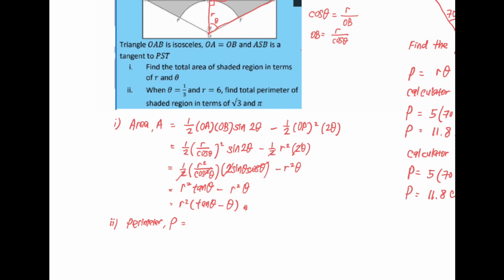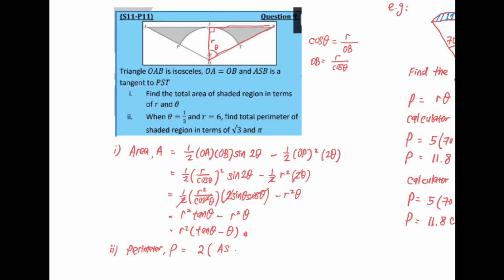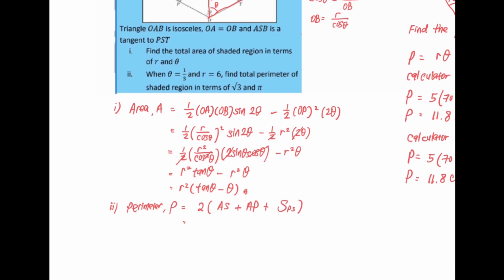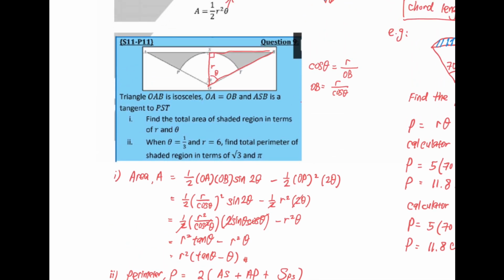I write down first. I'm going to take 2 times AS plus AP plus the arc length of PS. Okay, so first I start from AS. To find out AS, we have to use tangent. So imagine the same one. Even on this side, it works in the same way because it is a right angle triangle.